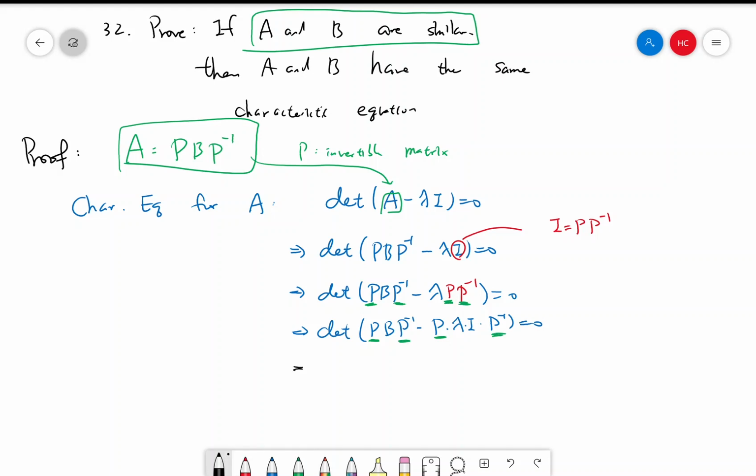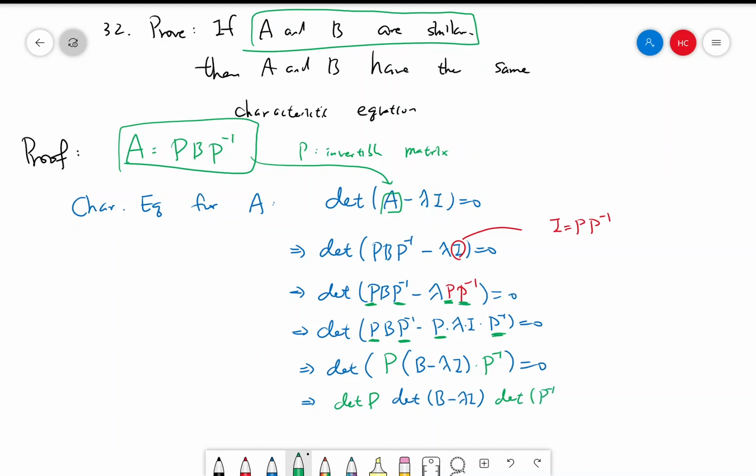So this is equal to determinant of P, let's use green, P times B minus lambda I times P inverse equal to 0. And we know determinant is multiplicative, so this means the determinant of P times the determinant of B minus lambda I times the determinant of P inverse equal to 0.